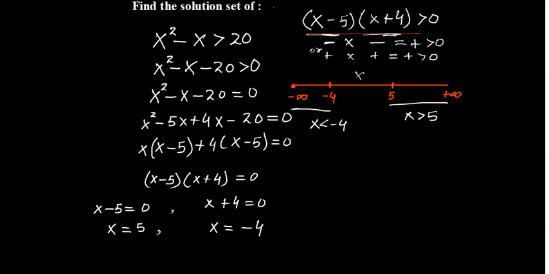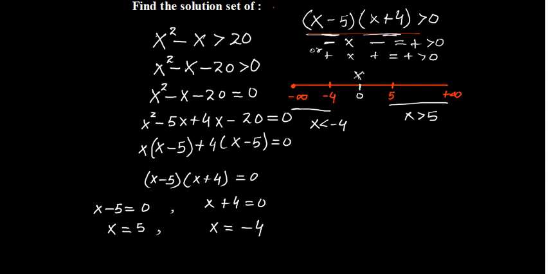Now we see in which regions they are both negative or both positive. First, why didn't I consider the region in the center, in the middle? Because you can pick any value from there. Say I pick 0.